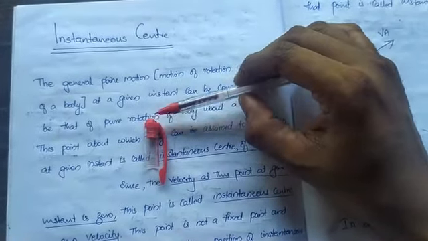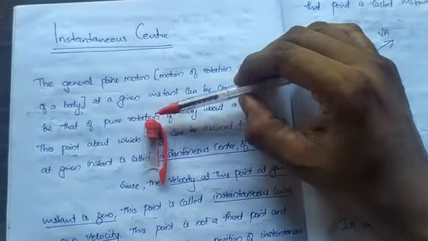So you just need to draw two perpendicular lines to the velocities of A and of B. The point at which these perpendicular lines meet is called the instantaneous center of rotation. That's all. You draw perpendiculars to the two velocities, and the point at which they meet is the instantaneous center. With this as center, the body will be rotating. The body will experience a pure rotation.